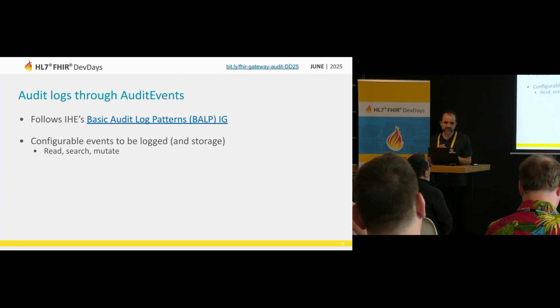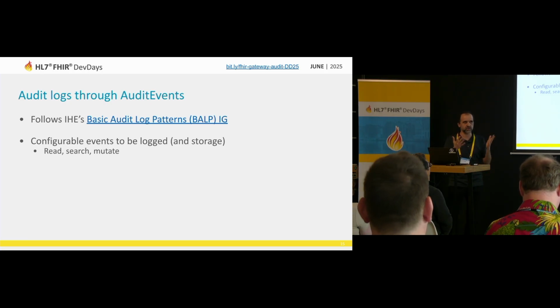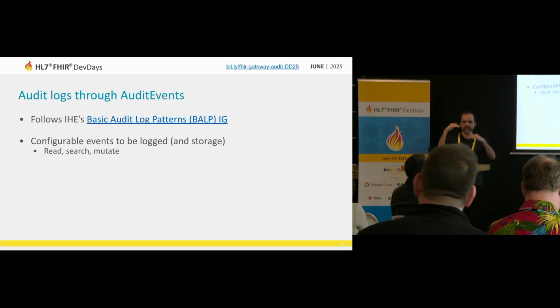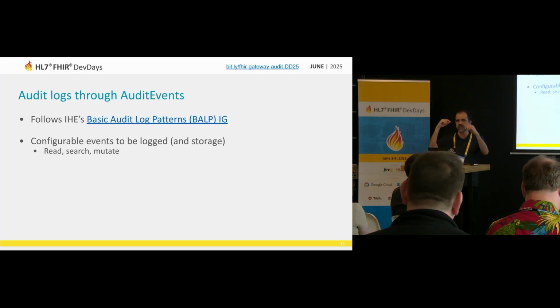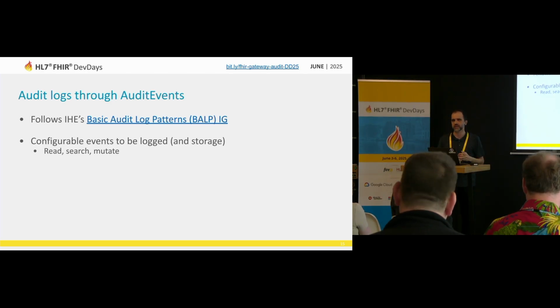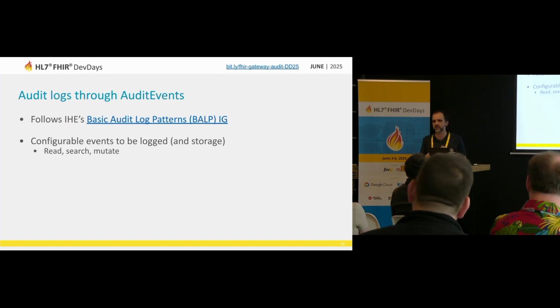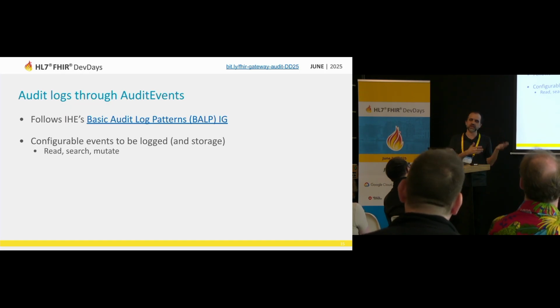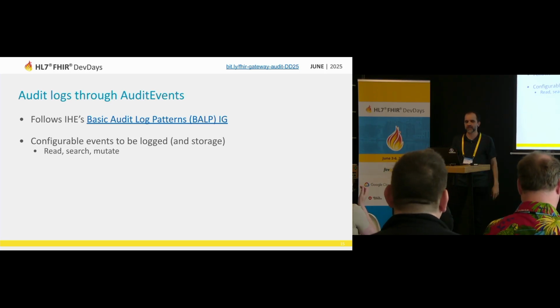First, when we started to do this, the concept was clear that we should just create audit events for access. But if you look at the audit event resource, there are many things that you need to make a decision on. What value set do I use here? What entity should I log? What agents should I log? And things like that.